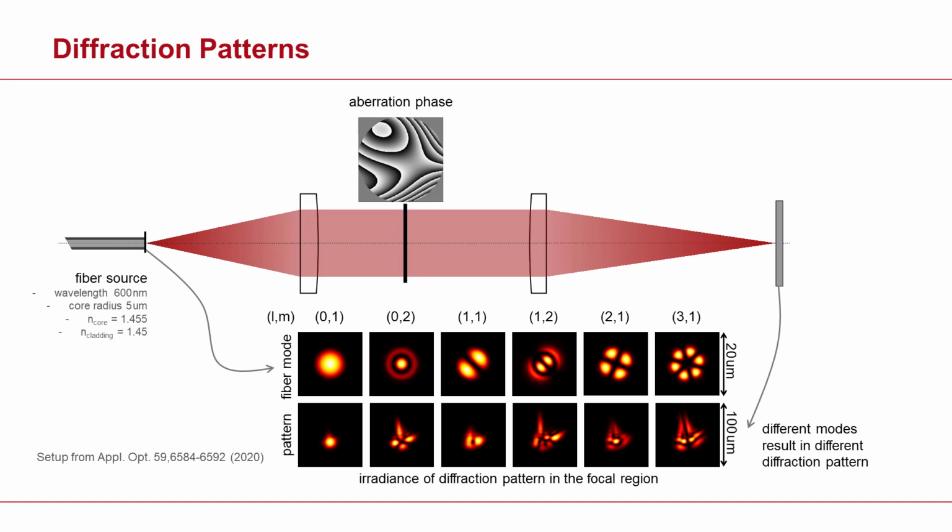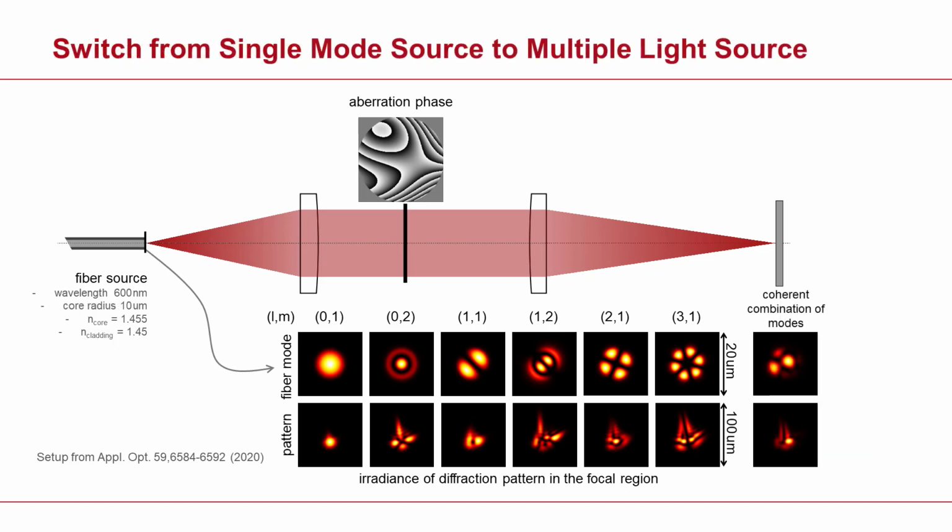But of course, the final result is a combination of all those modes. So we're also interested in seeing the coherent combination of all these modes that are being generated by our fibre.